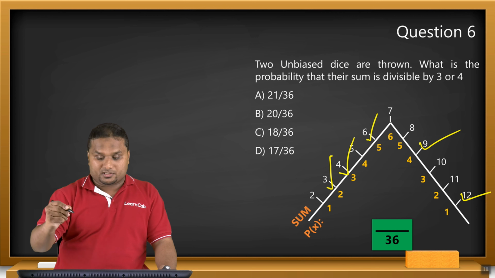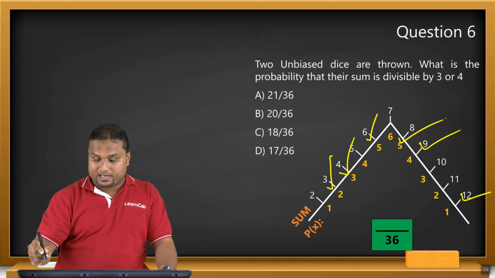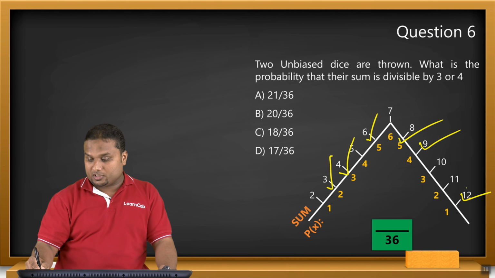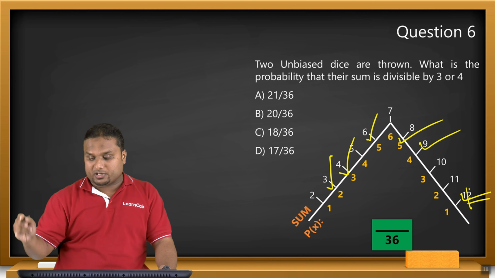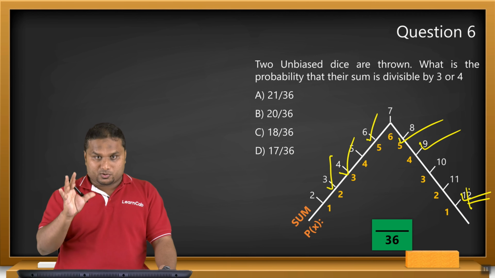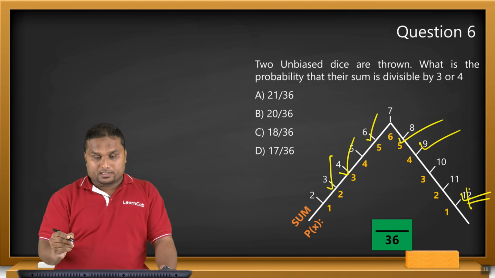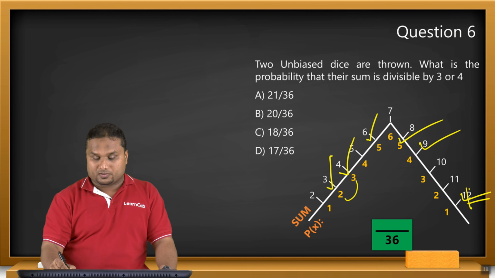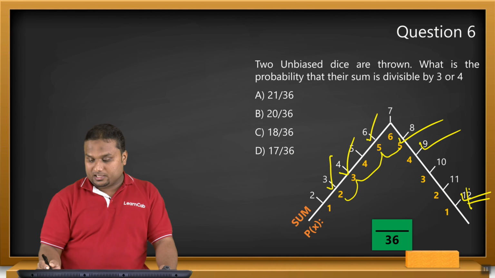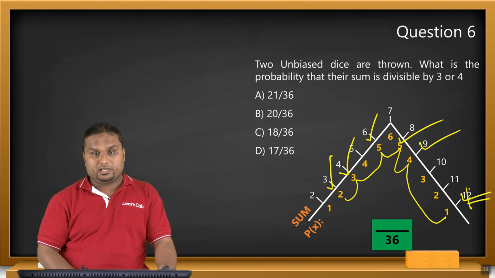Divisible by 4 means it is 4, it is 8, then it is 12. 12 should not be counted twice, it should be counted only one time because there is only one 12. So this is 2, this is 3, that is 2 plus 3 it is 5, 5 plus 5 is 10, 10 plus 5 it is 15, then 15 plus 4 it is 19, 19 plus 1 it is 20. So the answer is 20 by 36.